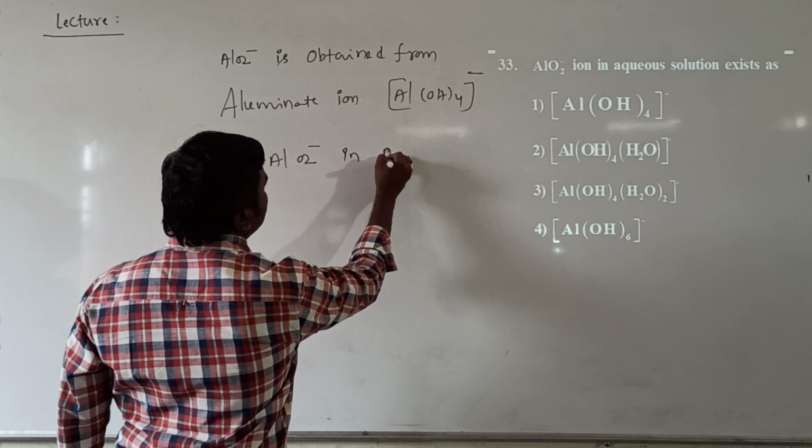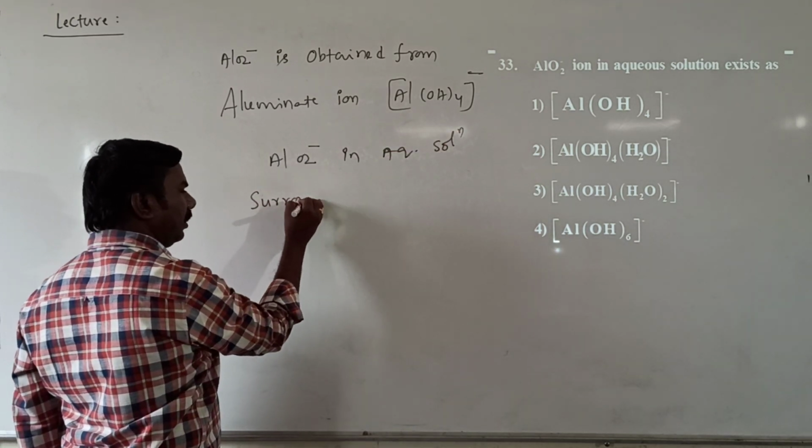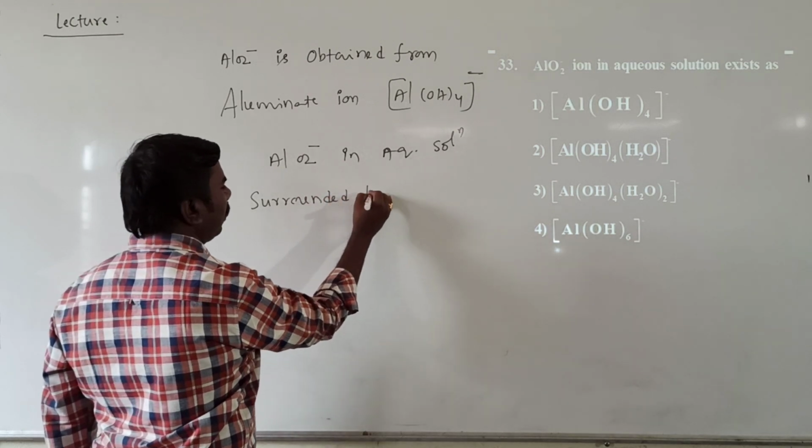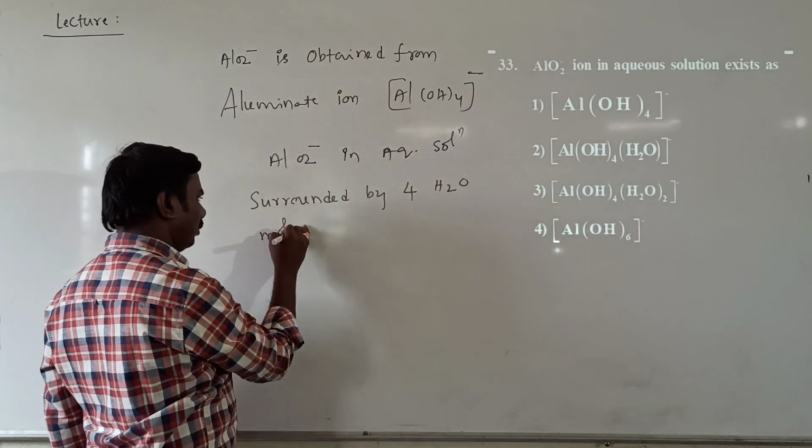In aqueous solution, AlO2 minus is surrounded by 4 H2O molecules.